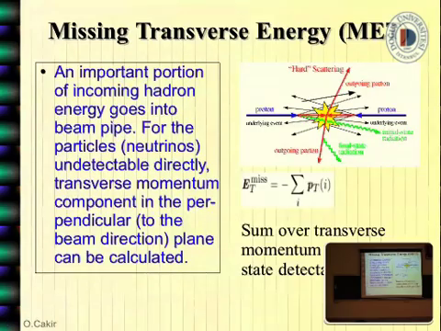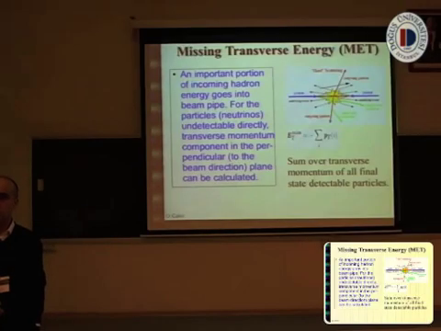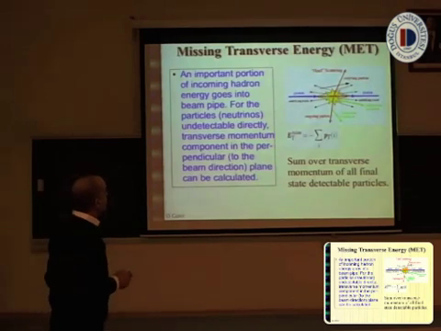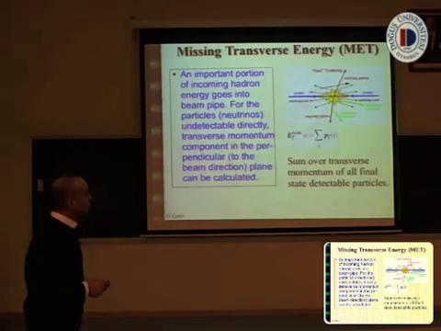So, okay. What about the missing transverse energy? Yes, I should mention this, because in hadronic events like this, there will be some missing part, because neutrinos are not detected by detectors and they carry energy.